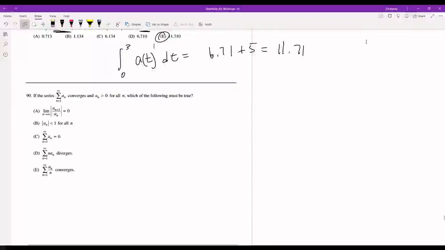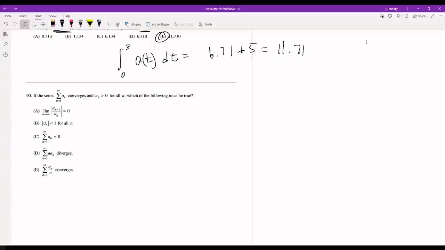Okay, now 90. If the series, the infinite sum from n equals 1 to infinity of a sub n, converges, and a sub n is greater than 0 for all n, which of the following must be true? The first one looks like the ratio test. The limit as n approaches infinity of the absolute value of a sub n plus 1 over a sub n equals 0.